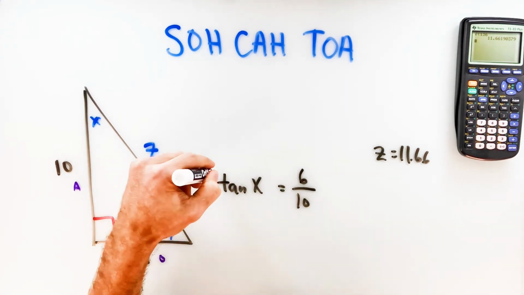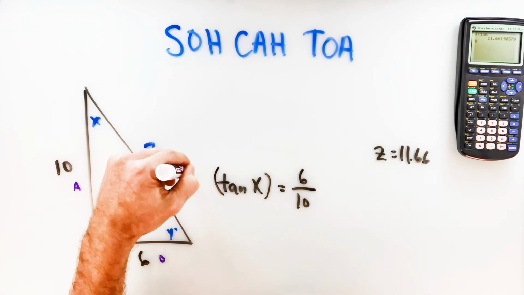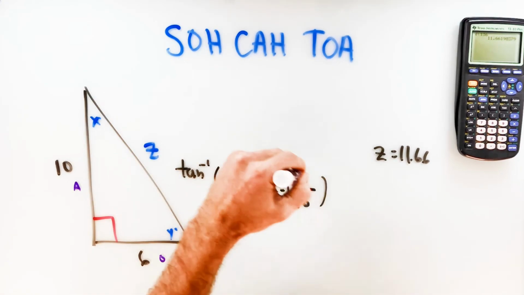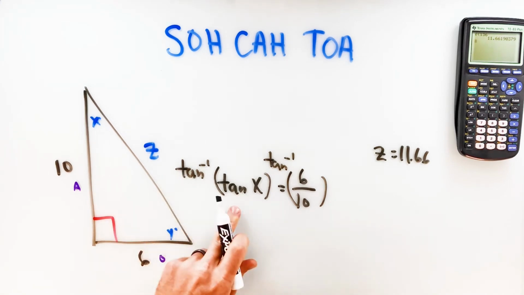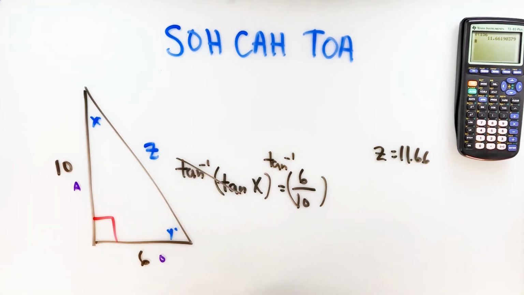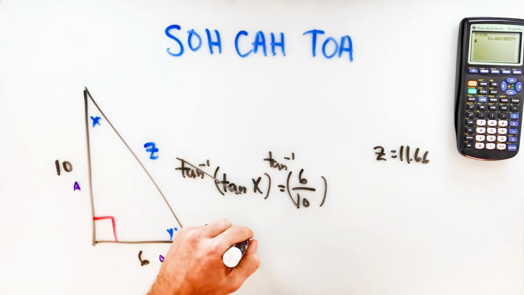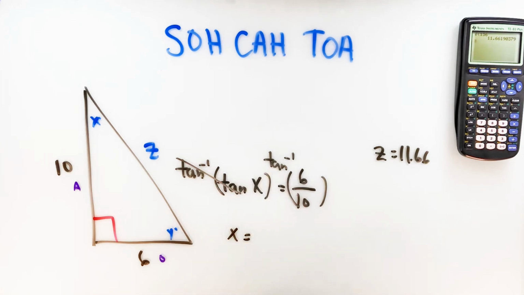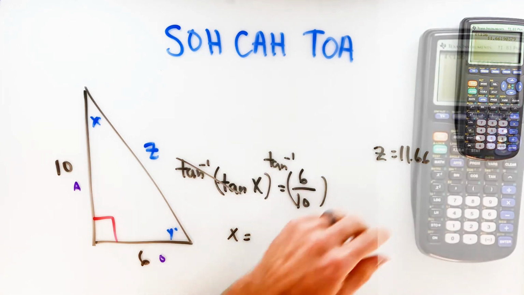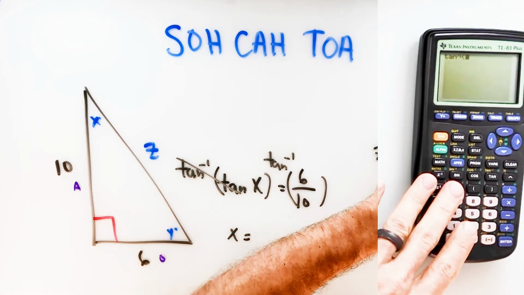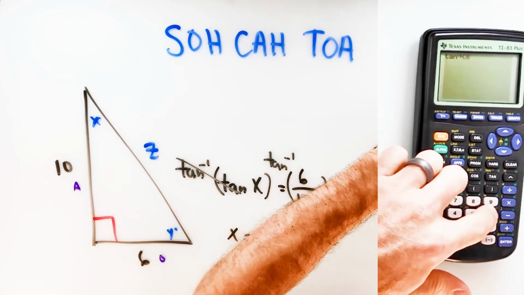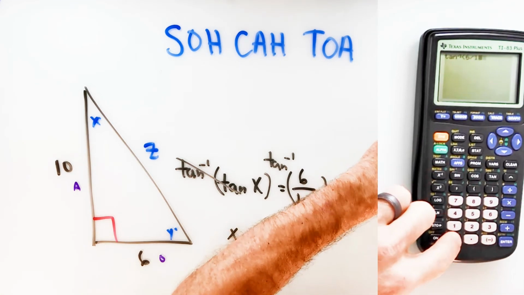And to solve for that x, what we're going to do is we're going to take the tangent inverse of both sides. Okay, so a tangent inverse of a tangent function, those are, again, inverses of each other, so those are gone. And if I take the tangent inverse of 6 over 10, so second tangent gets me the tangent inverse of 6 over 10.